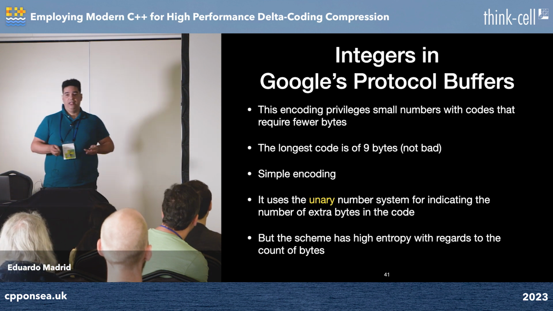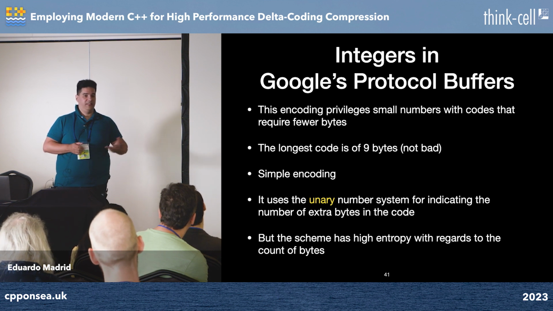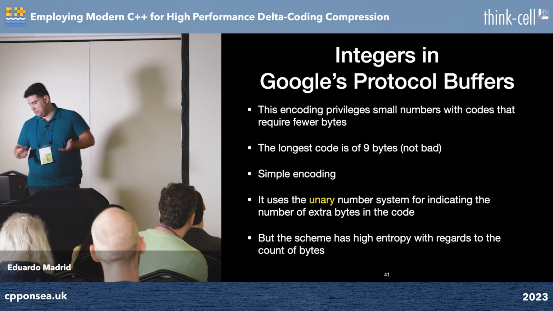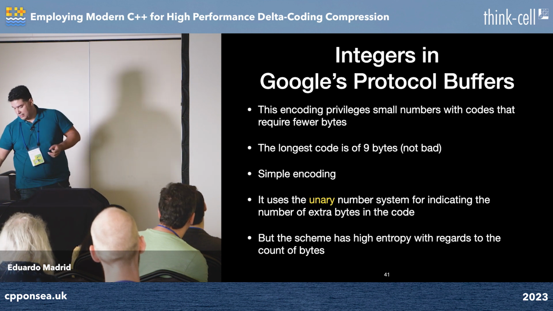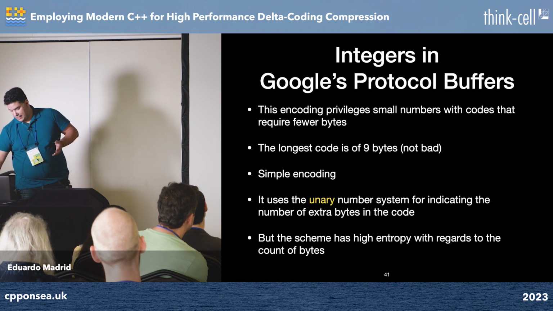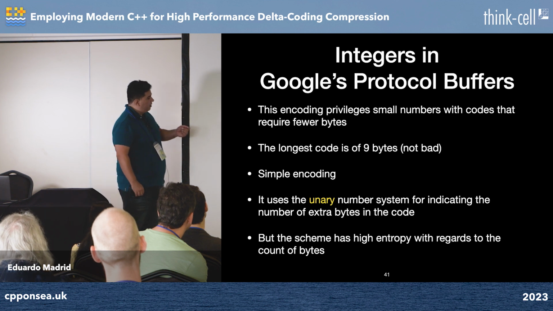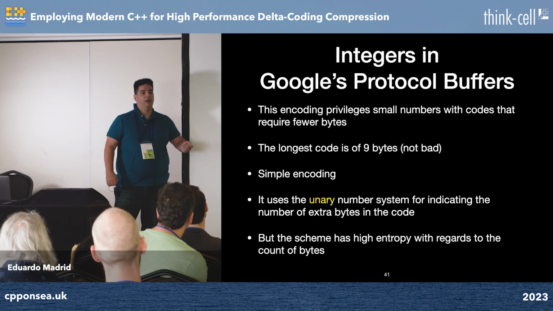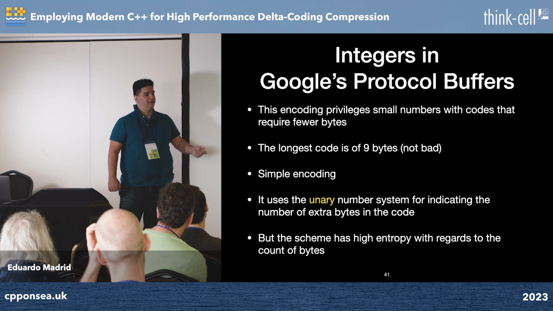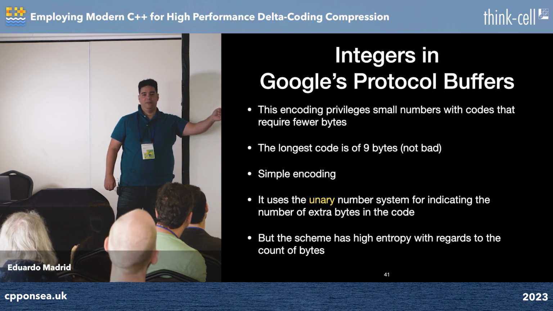The longest possible code is 9 bytes compared to 8 that the representation takes normally. So that is not particularly bad. It is very simple, has that merit for sure. And if we look at it in deeper detail, it uses unary counting for the number of extra bytes, because you devote 1 bit to them, right?